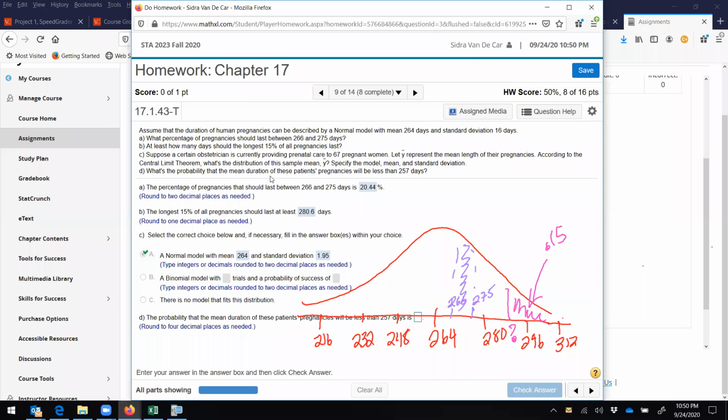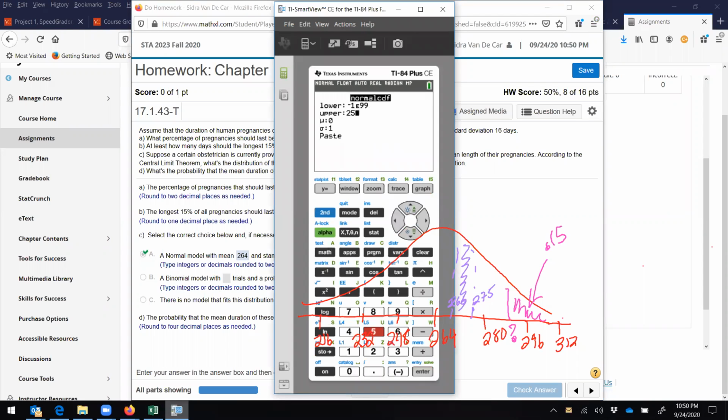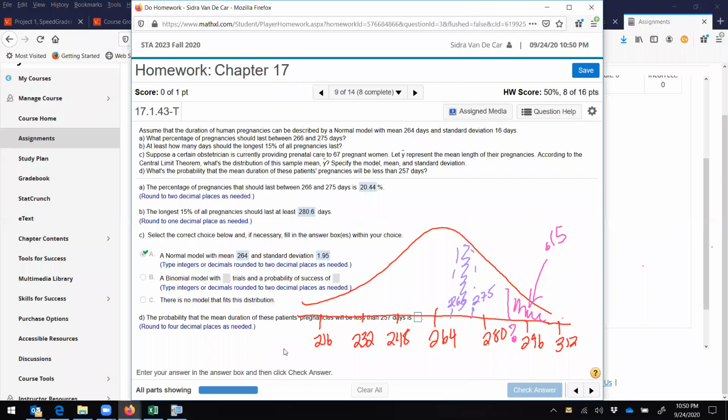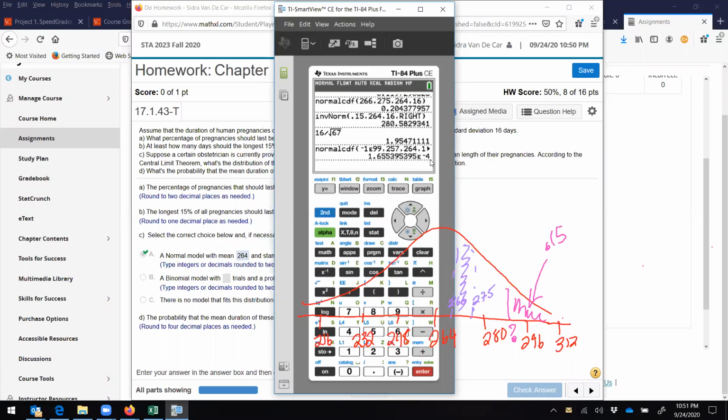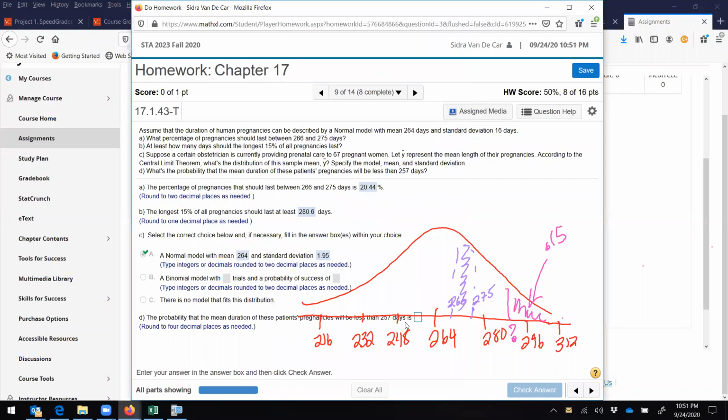Our upper bound, 257. When the mean is 264. And our standard deviation is 1.95. 0.000166. So we round to 0.0002.